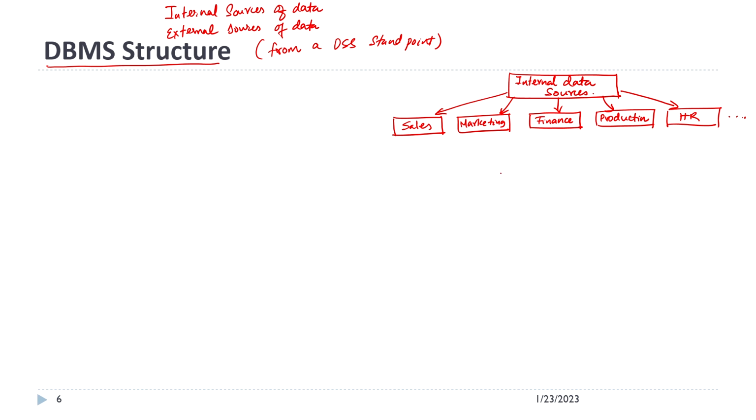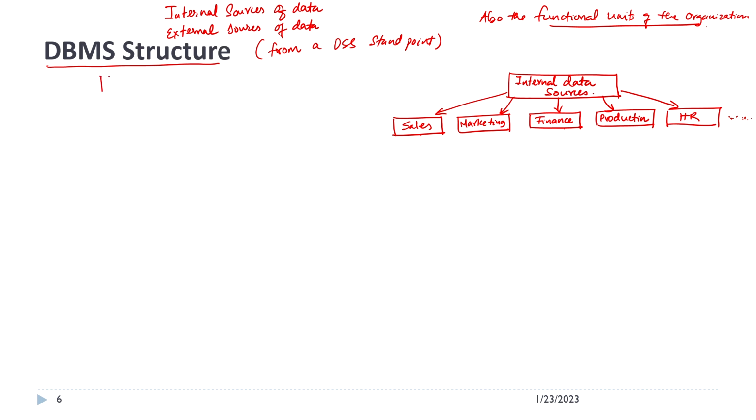We can also call these the functional units of the organization. Sales, HR, etc. They are all functional units, and in each one of the functional units you capture the data. So, sales will have its own data, marketing has its own data, finance has its own data, etc. HR, and this continues like this.